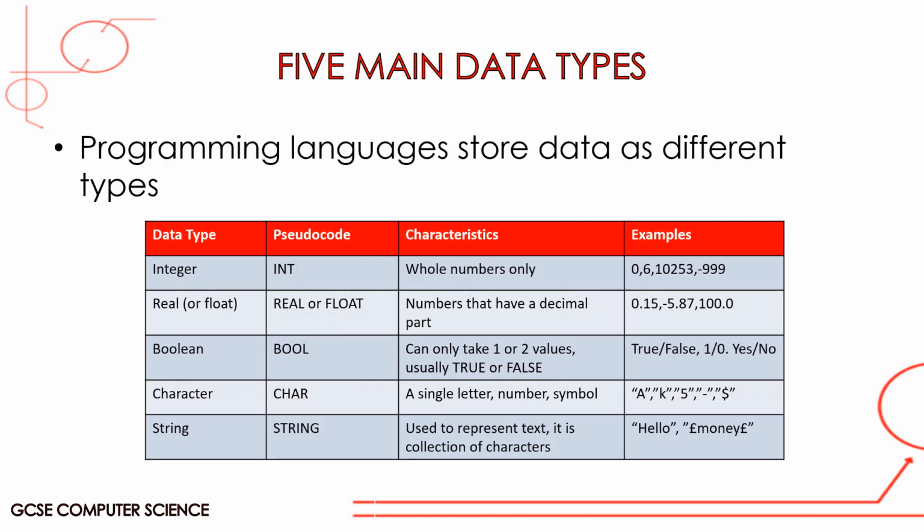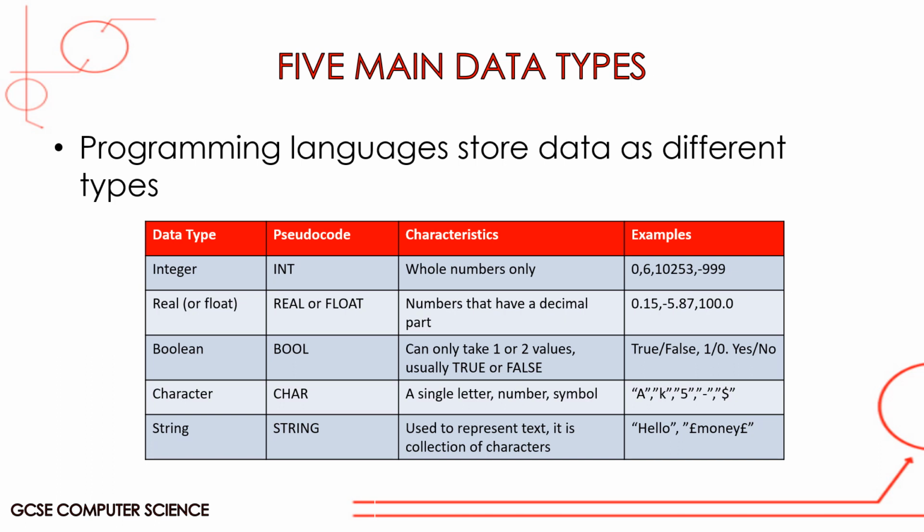Now we move on to data types. There are 5 main data types that we have in programming. We have integer, real or float, Boolean, character and string. Now you just need to know what each one is in case you get asked for an explanation or in case you get asked to give an example. Sometimes you might be asked what data type it is in a piece of code.